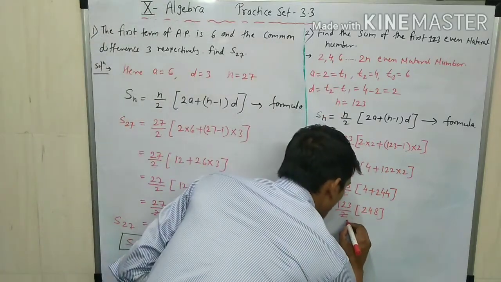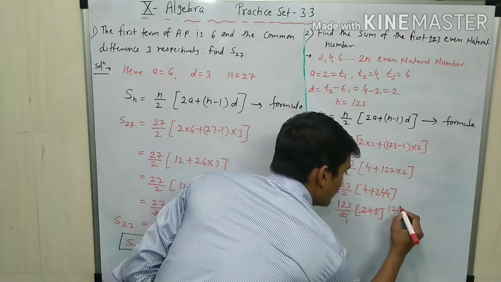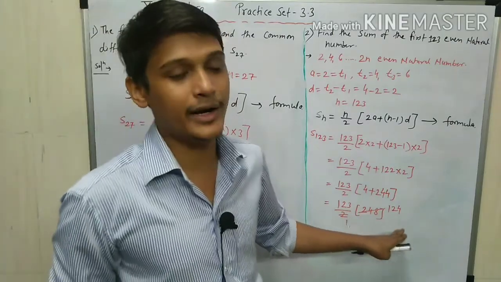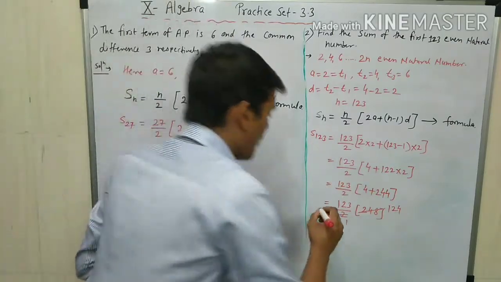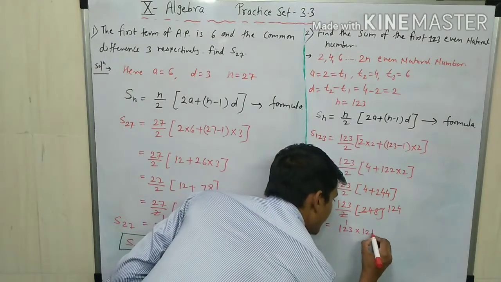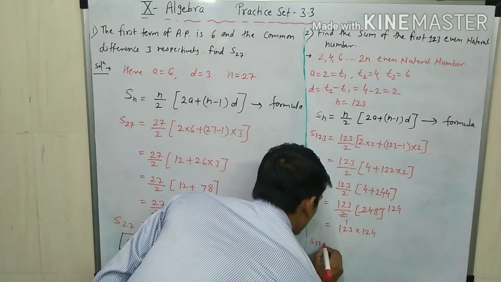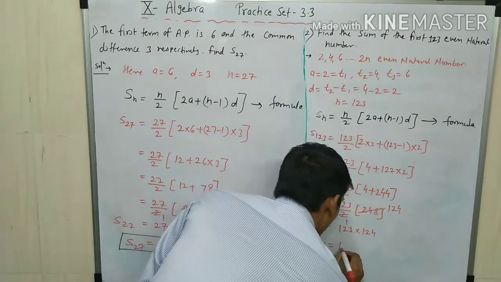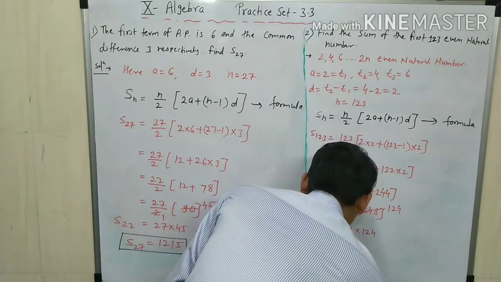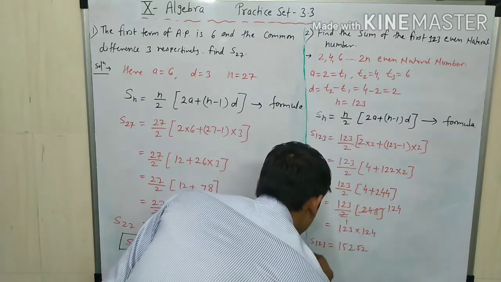Divide by 2. 2 ones are 2, 2 twos are 4 and 2 fours are 8. There is 123 into 124. Now 123 into 124 is equal to S123, whose value is 15,252.